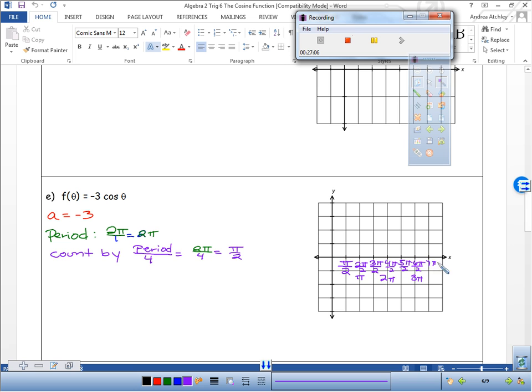This is 7 pi over 2, and then 8 pi over 2, which is 4 pi. Any questions over that? Okay, then we're going to count 1, 2, 3, 4, -1, -2, -3, -4.